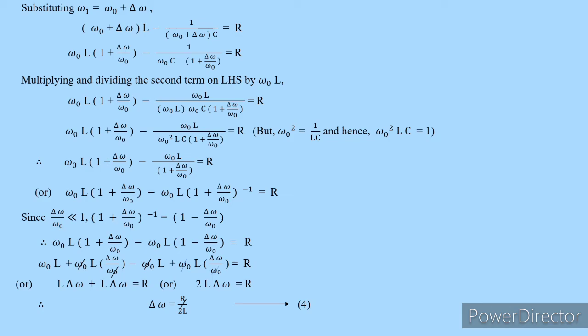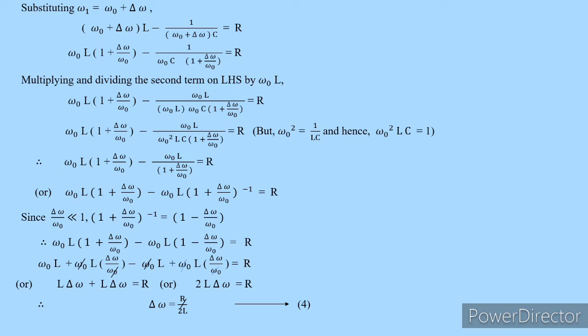You can go through the steps, the cancellation of some common terms on both sides, and finally what you are going to get is equation number 4, and that is delta omega is equal to R by 2L. So the bandwidth must be twice delta omega.